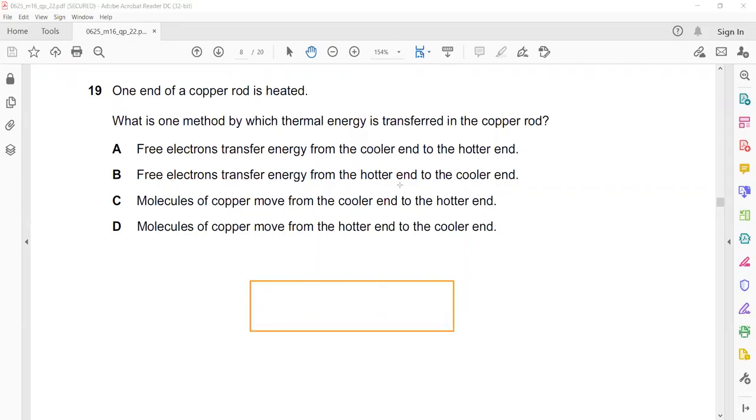So if you are heating, one way is by the vibration of the lattice. The side where you are supplying heat energy will be the hot region, and the other will be a cold region. When you supply energy, the lattice vibrations transfer energy.